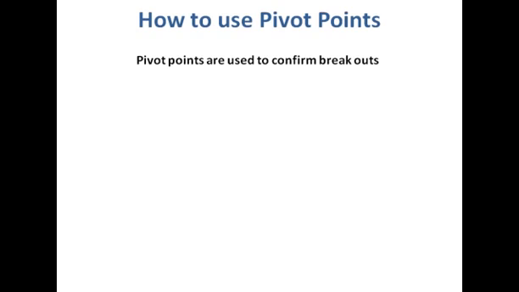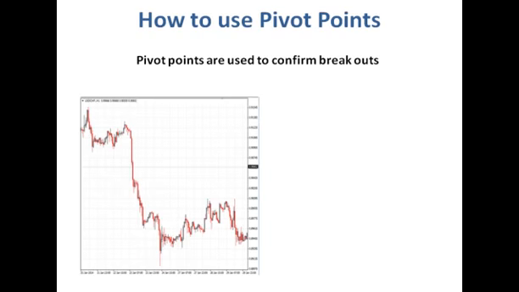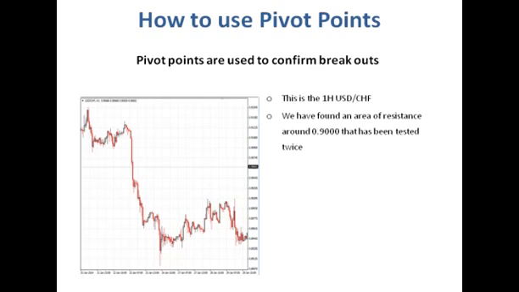Pivot points are also used to confirm breakouts. Let's see. This is the US dollar Swiss franc 1 hour chart again, okay? We have found an area of resistance around 0.9000 that has been tested twice. Here's the area that we're talking about, okay?